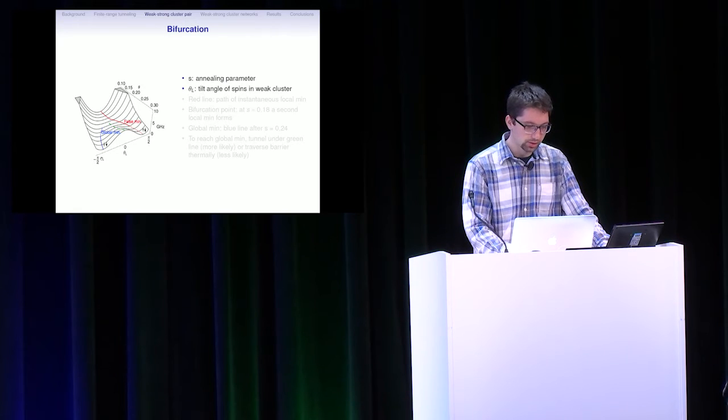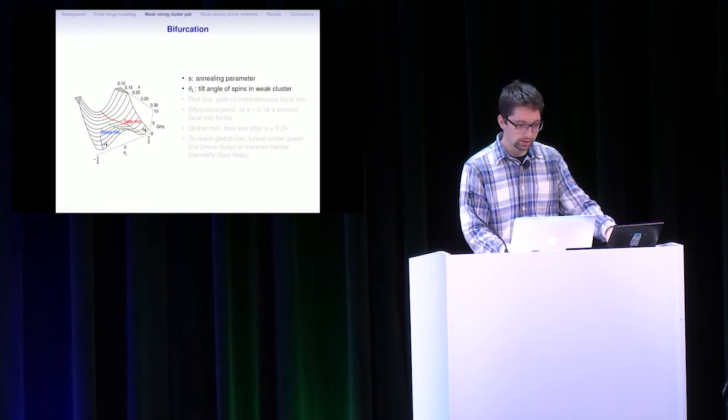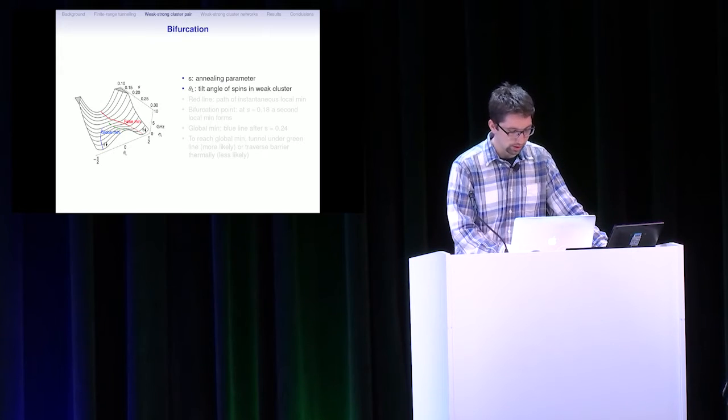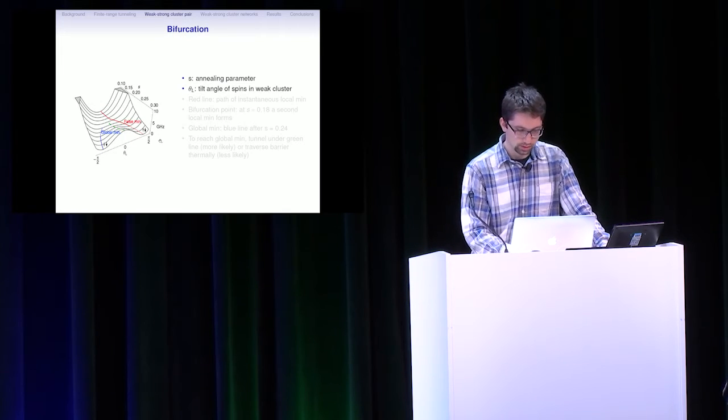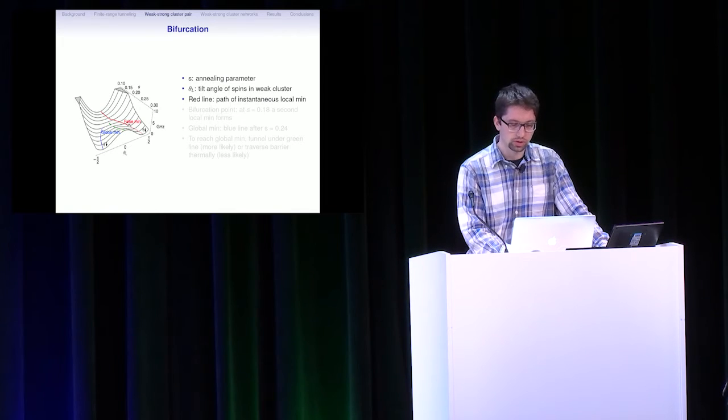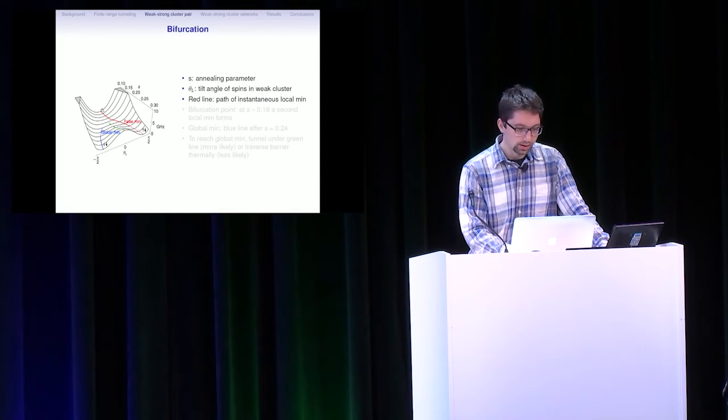So minus pi over 2 means that the weak cluster spins are oriented down, and pi over 2 means that they're oriented up, which is a false minimum. Okay, so as we start from here, following the red line gives us the path of the instantaneous local minimum of this problem. And this is generally how the evolution would proceed.